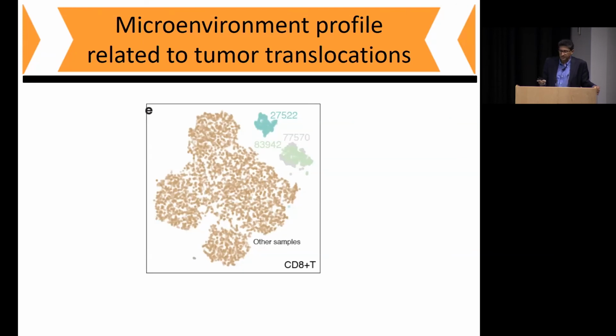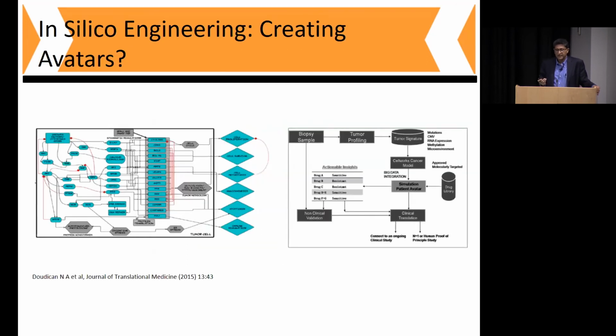So these are obviously very basic scientific issues that need to be unraveled before you can use this information for therapy planning. Then the next level obviously is going to be what we call in silico engineering.